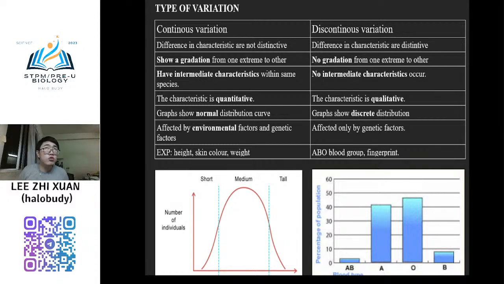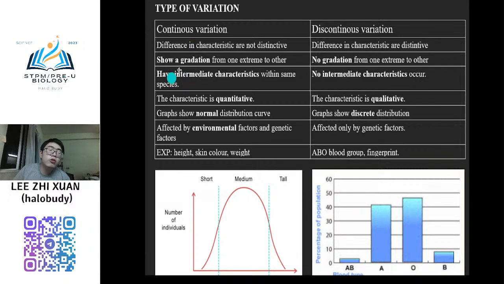Because in some countries maybe the average height is 180, but in some countries the average is only 150. So if you are 165, you are considered tall already. So there is no correct definition. You cannot correctly define this kind of characteristic.